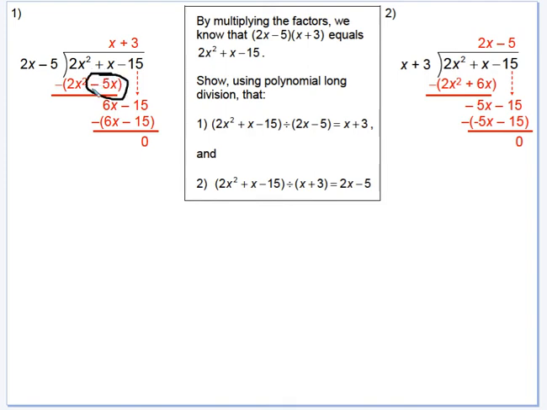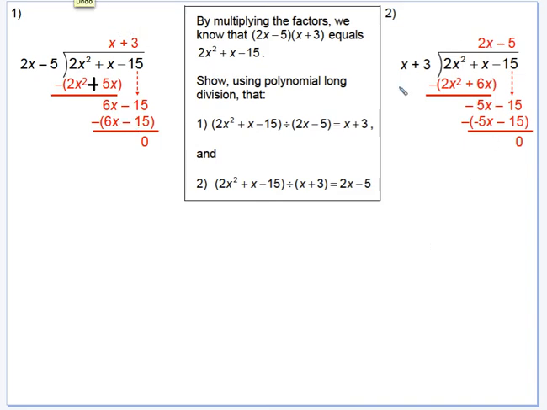See how you have a minus sign here, and you forget that this is a subtraction sign too, or a negative sign, so you're going to end up adding there. So 5x plus x gives you 6x. What do you have to multiply 2x by to get 6x? Well, you multiply it by 3, which gives you 6x minus 15. And again, notice the minus sign here changes it to a positive. 15 plus 15 gives you 0.